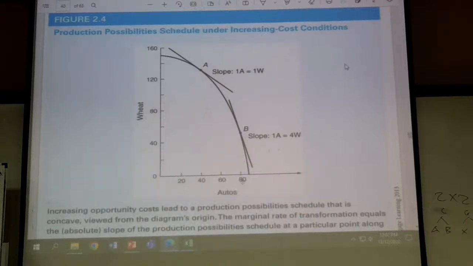You see, did I say at a particular line, at a particular point?